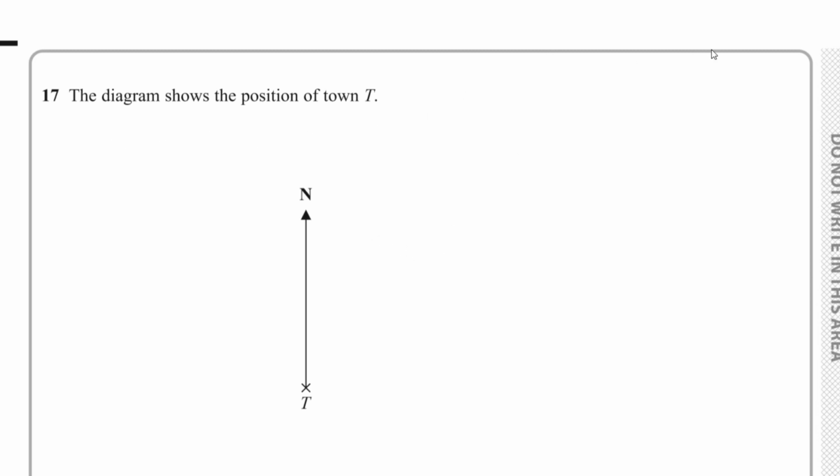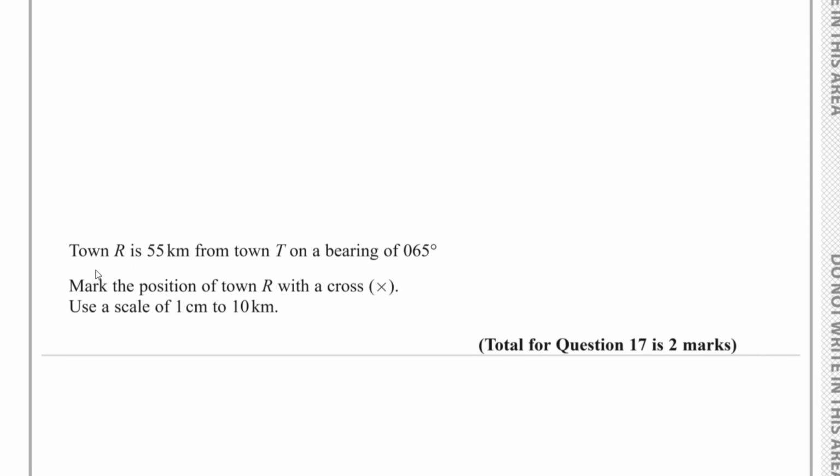Question number 17. The diagram shows the position of town T. Town R is 55 kilometers from town T on a bearing of 65 degrees. We have to mark the position of town R with a cross. Use a scale of 1 centimeter to 10 kilometers. First of all, we can find out how many centimeters we need to draw. To do that, we need to do 55 divided by 10, which is 5.5.